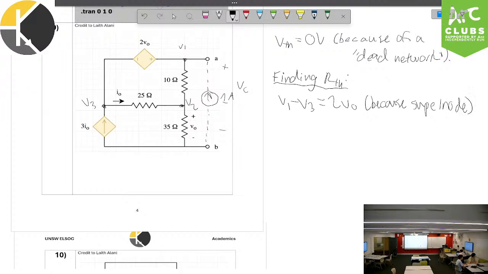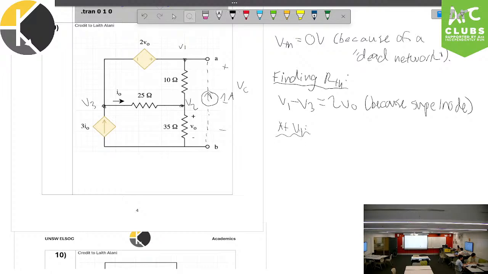Next, we can do KCL at V1. We can say that the current going through, wait, hold on 1 second. Oh, I mislabeled. That's fine.